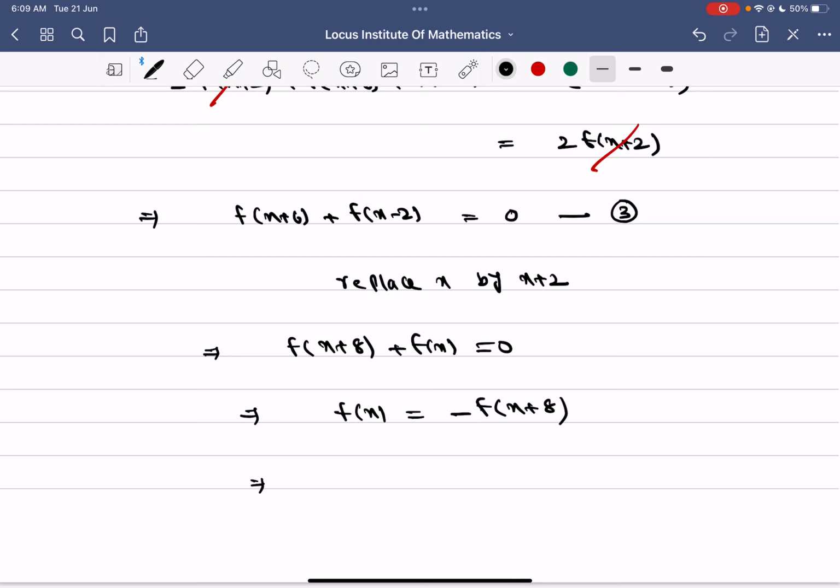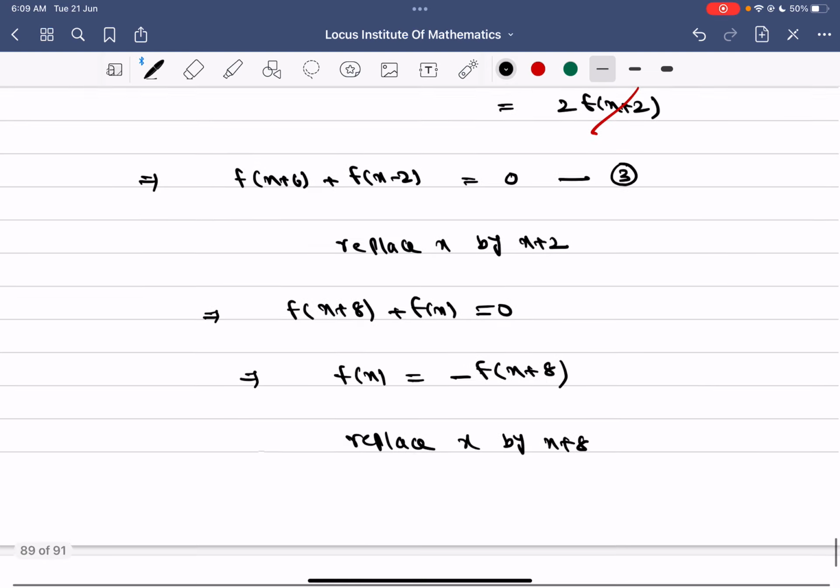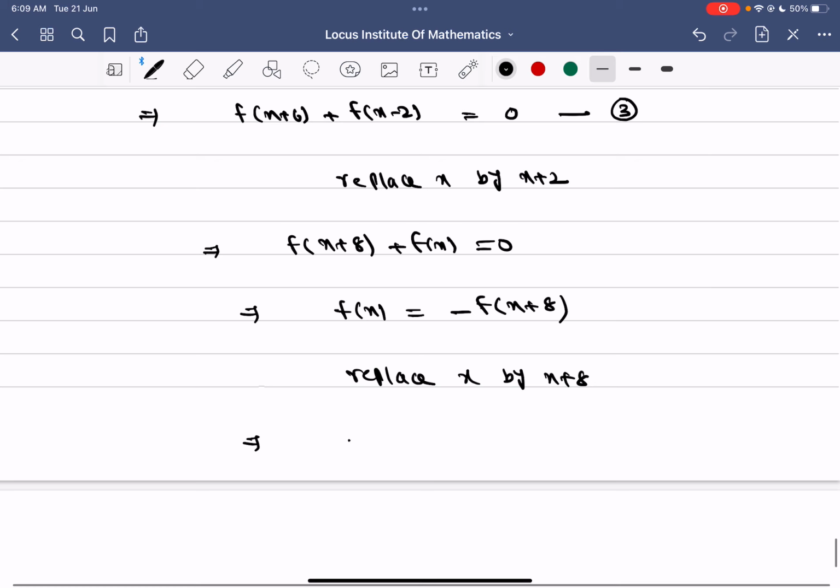Now in this above relation, if you replace x by x plus 8, then what you get, f of x plus 8 is equal to minus f of x plus 16.